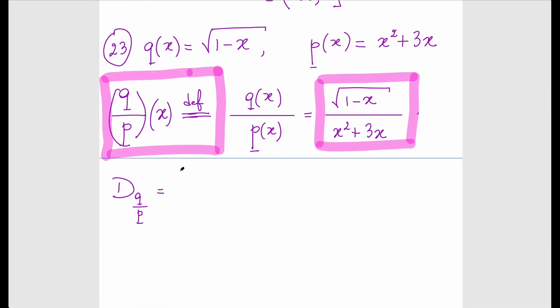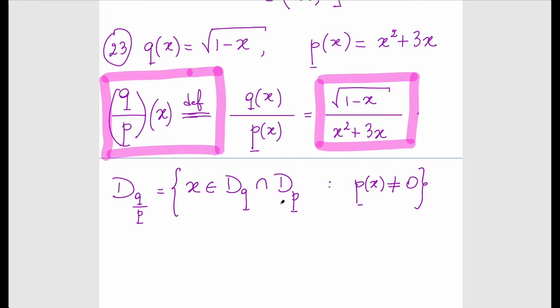So this is then the collection of all guys that are in the domain of Q and in the domain of P, with the property that P of x is not 0, correct? So these are the three conditions that are written as 2 here.